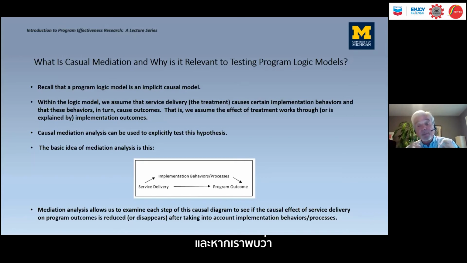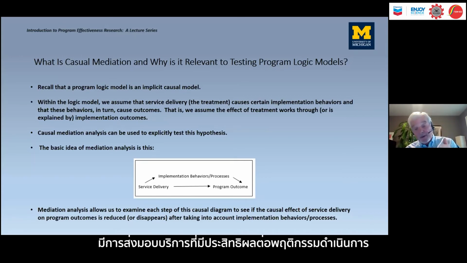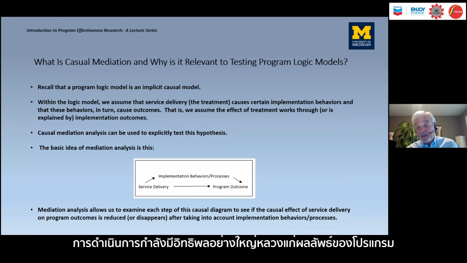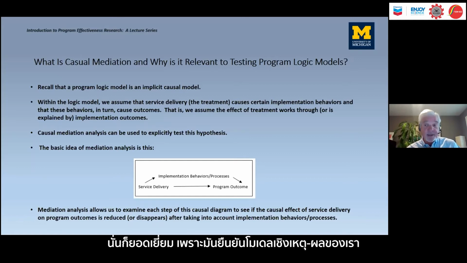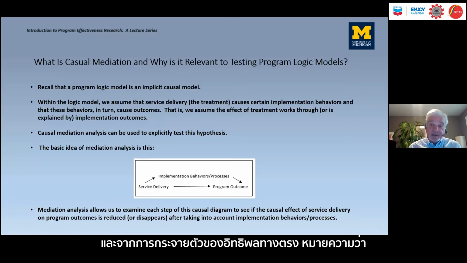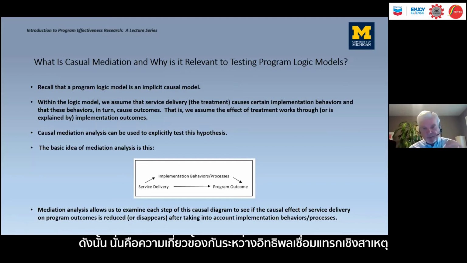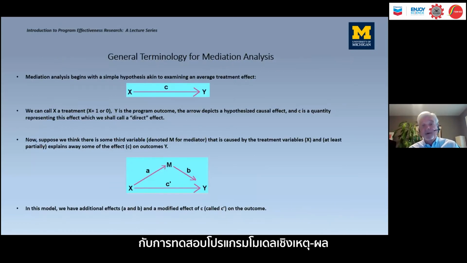And if we find that there is a strong effect of service delivery on implementation behaviors, that's great, because that's what we want. That's a confirmation of our program logic model. If we find implementation is having substantial effects on program outcomes, that's great, because that confirms our logic model. And then the dissipation of the direct effect means we really have a pretty good understanding of why our program works. So that's the relevance of causal mediation to testing a program logic model.